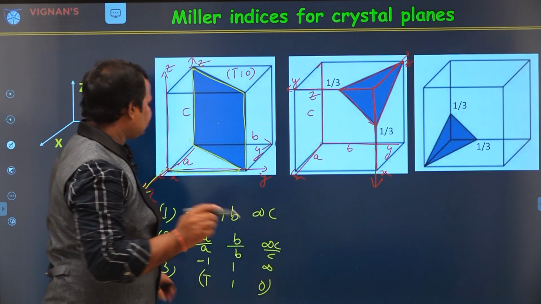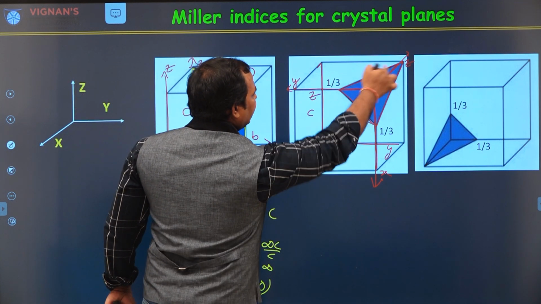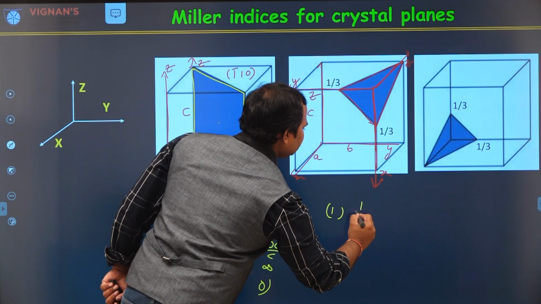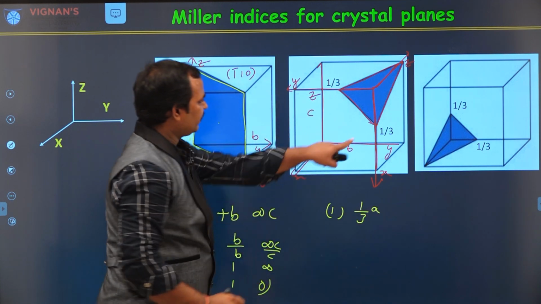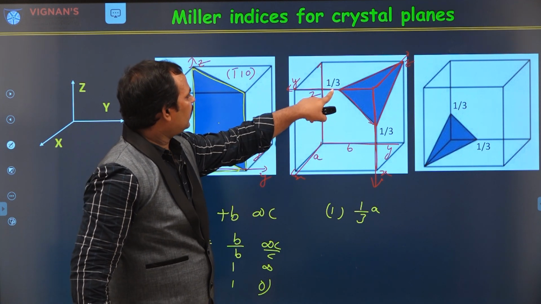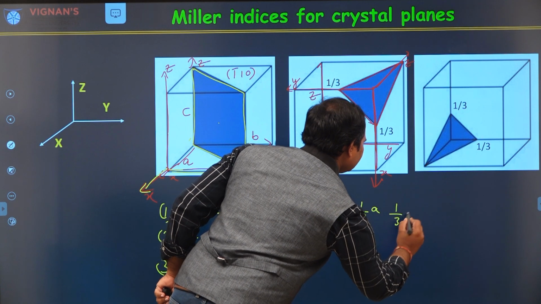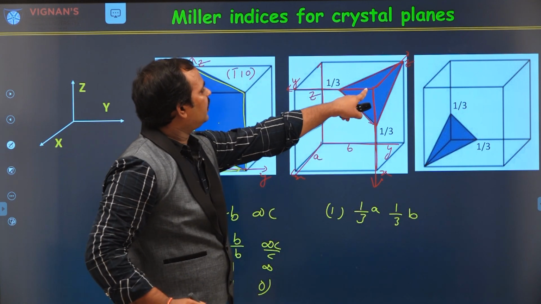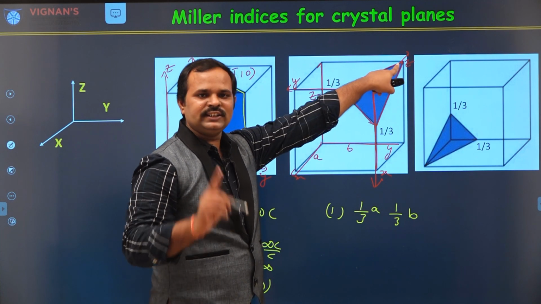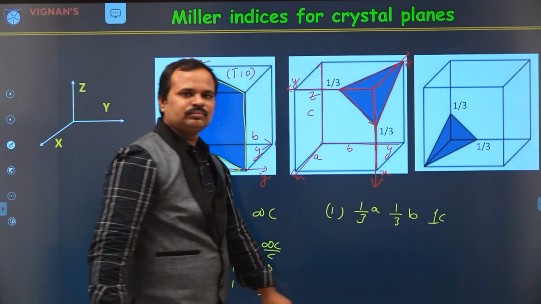Let's find out the intercepts. Write down: the plane intercepts along the x-axis at 1/3 into a, along the y-axis at 1/3 into b, and along the z-axis the intercept is here, so it is 1 into c.